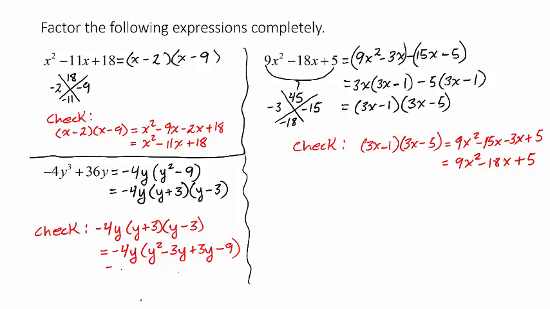Okay, and so then we have negative 4y times y squared minus 9, right? We're seeing the work that we did in reverse here. And we're going to distribute the negative 4y through. So negative 4y times y squared is negative 4y cubed, right? And negative 4y times negative 9 is positive 36y. And this is what we started with. So we're in good shape there.